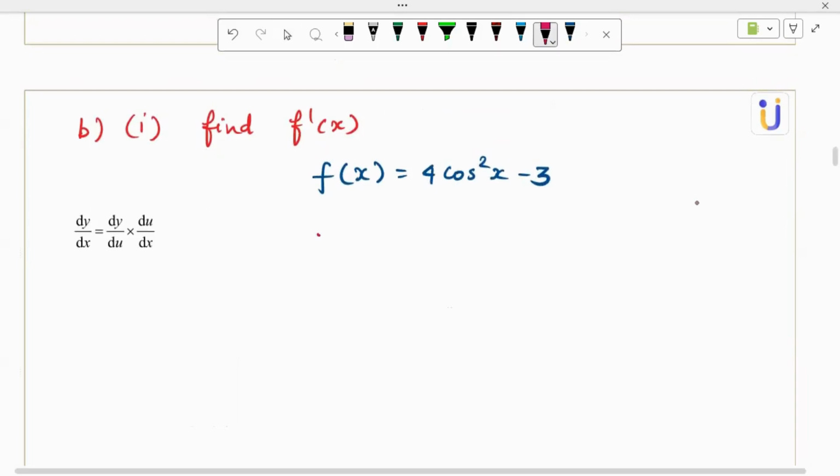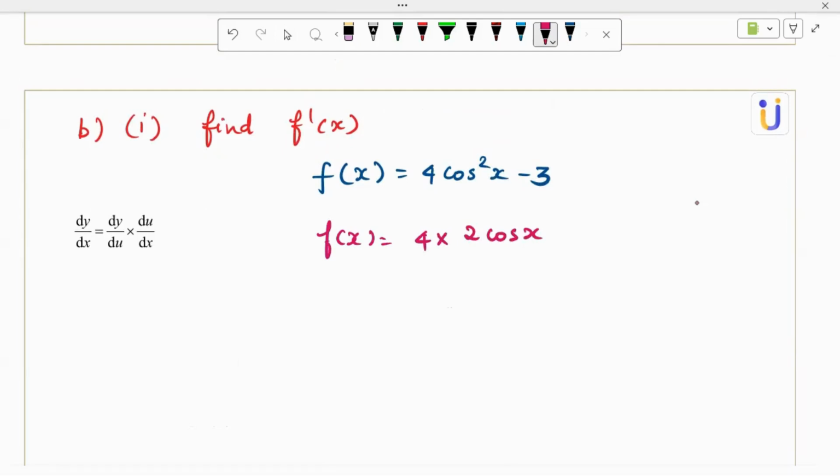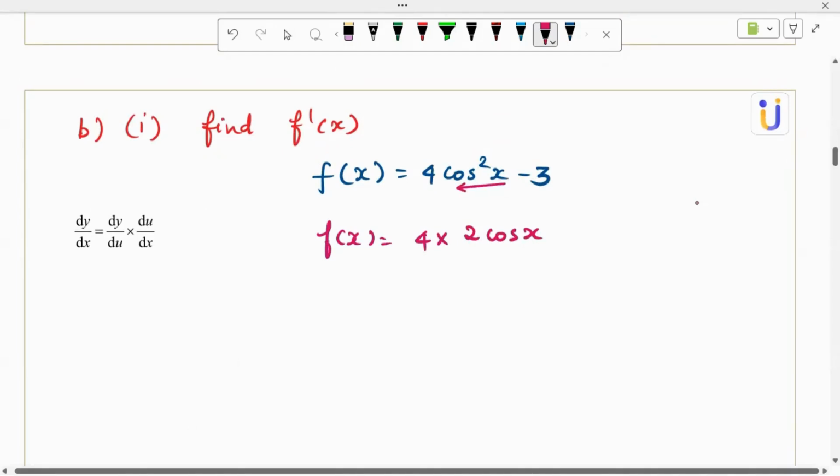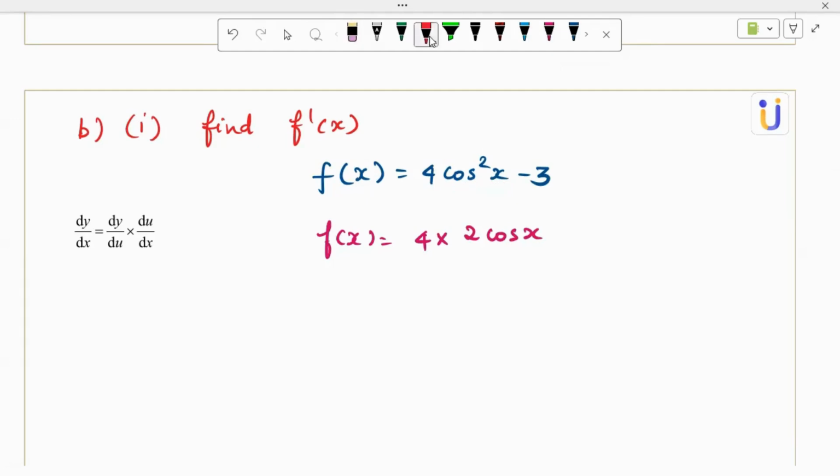Right. And also there is another easy way. f of x is equal to 4, let it be as it is. You apply the 2 first, like a square. So when you differentiate that square, it's 2 cos x, right? And then you differentiate the u. You can treat it as u square.